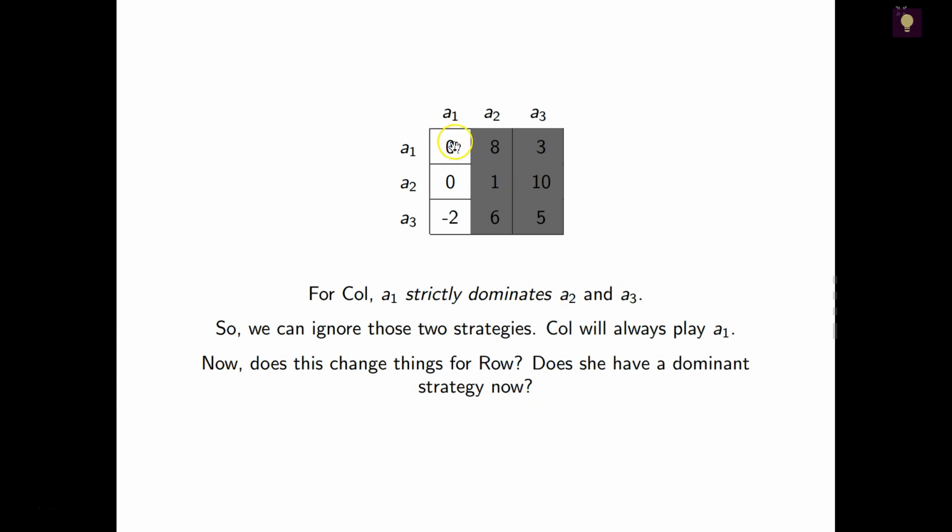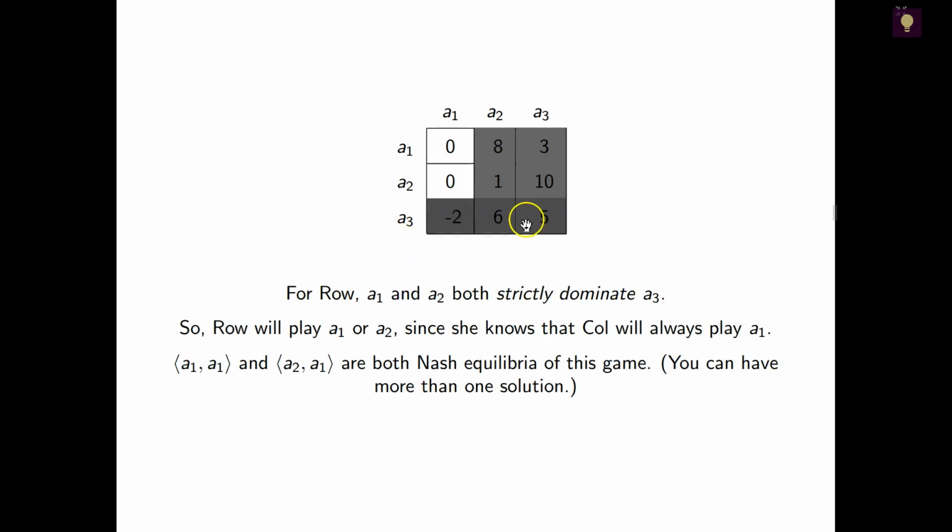Well, row is definitely not going to play A3 because A3 is strictly dominated by both A1 and A2. Row would rather get 0 than negative 2. So row will play A1 or A2 since she knows that call will always play A1.